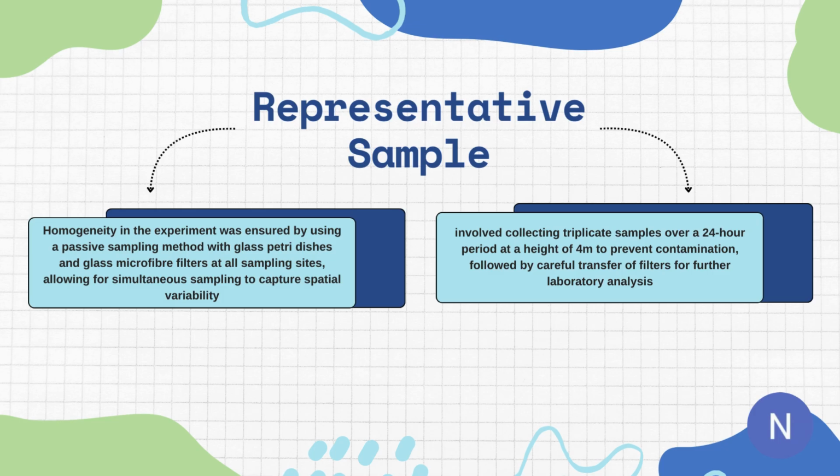Next, it involved collecting triplicate samples over a 24 hour period at the height of a transformer to prevent contamination, followed by careful transfer of filters for further laboratory analysis.